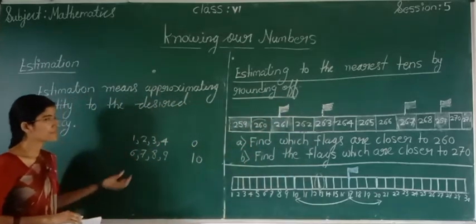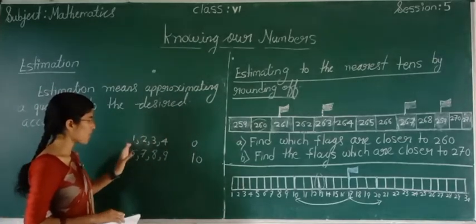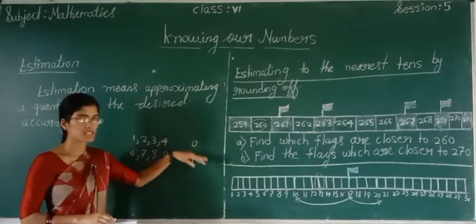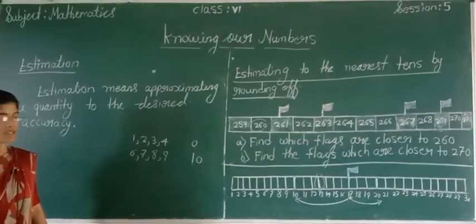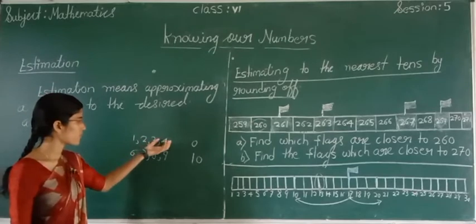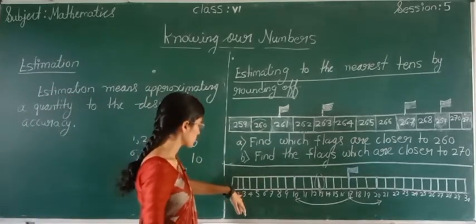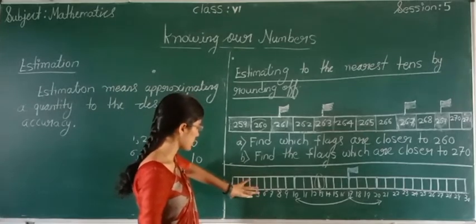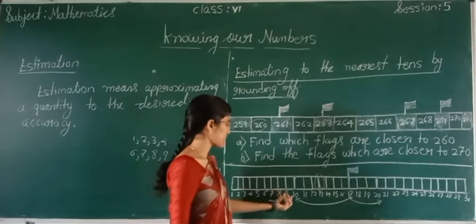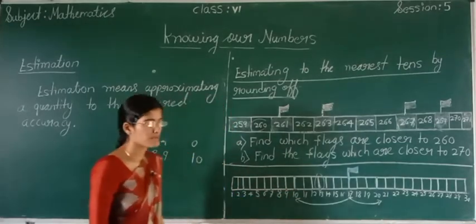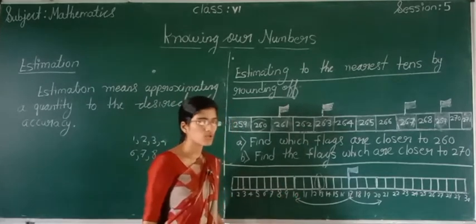Estimating to the nearest tens by rounding off. In this 1, 2, 3, 4, we are rounding these numbers to 0. See here, 1, 2, 3, 4, this we are rounding off to 0. Okay. 6, 7, 8, 9, these we are rounding off to 10, because 6, 7, 8, 9 are very close to 10.